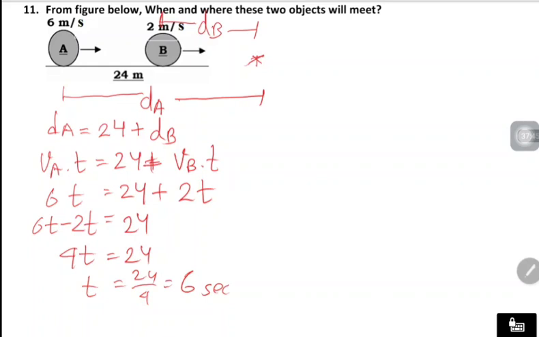Next question, where will these two objects meet? We calculate the distance of A: VA times t. VA is 6, time is 6, so we get 36 meters from A.